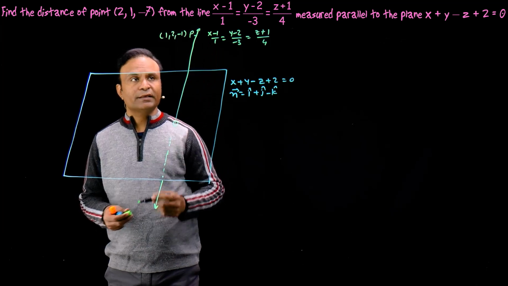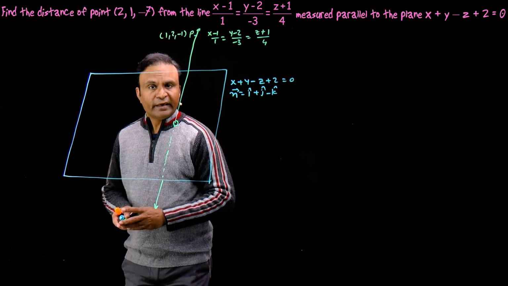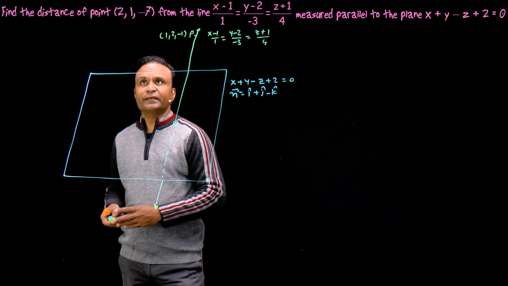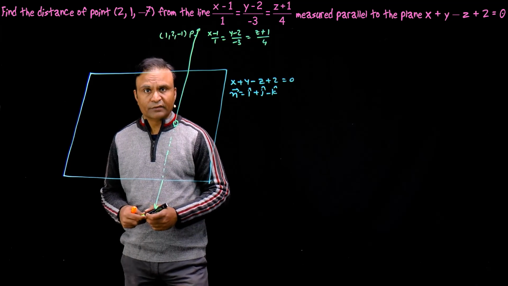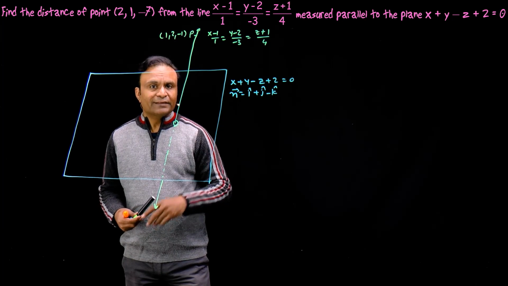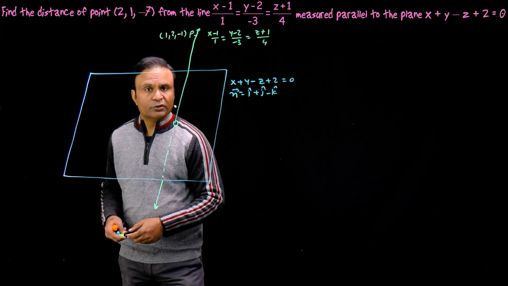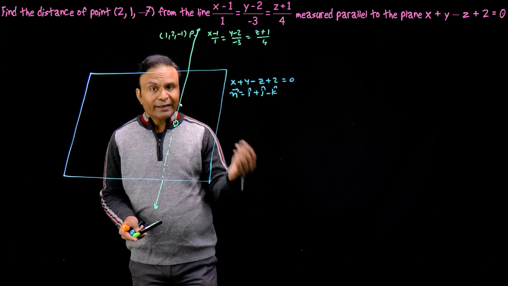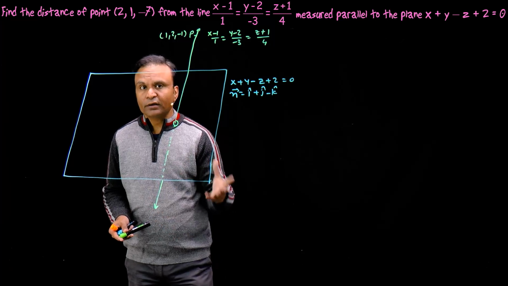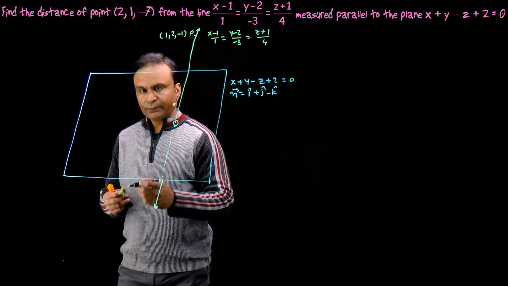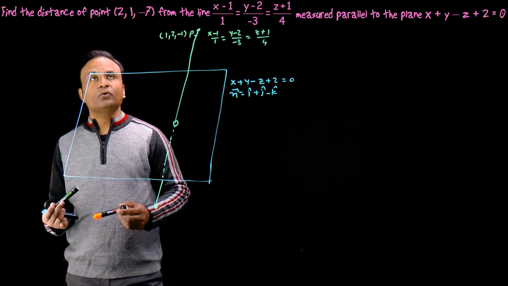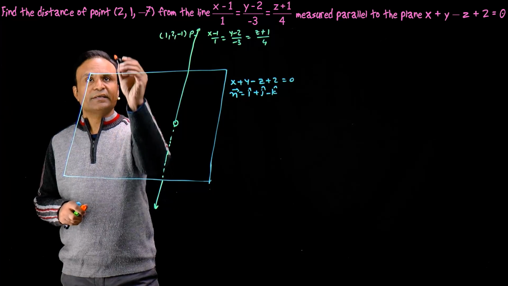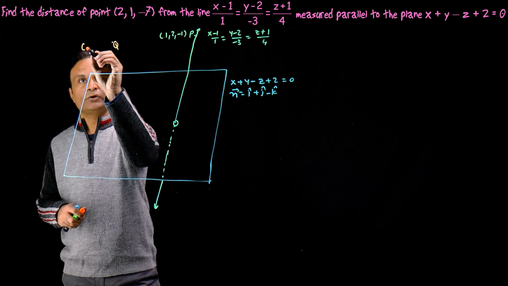Suppose this point is P. Now we have one more point in the space, that is 2 comma 1 comma minus 7. We can check this point is not satisfying the equation of line as well as plane. That means this point is not lying on the line and not lying on the plane. So let's say point 2 comma 1 comma minus 7 is somewhere here, point Q.